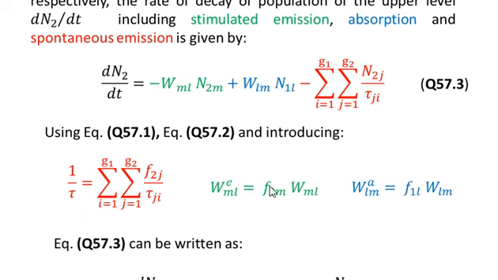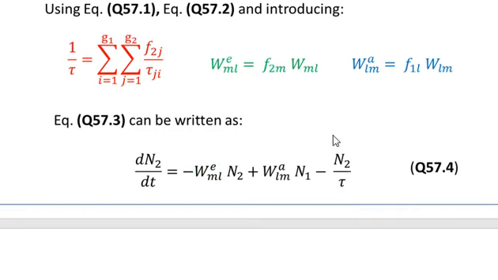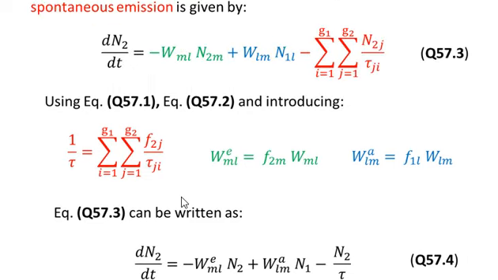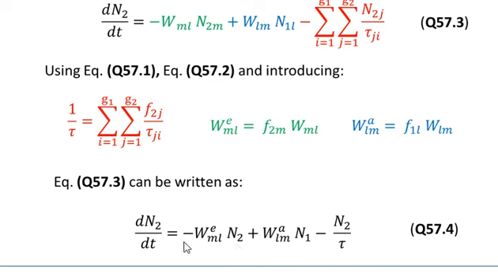So we have defined these two terms, WMLE and WLMA, by their equivalent definitions on the right hand side. Making these substitutions in equation number 3, we get dN2 over dt is equal to minus WMLE into N2.